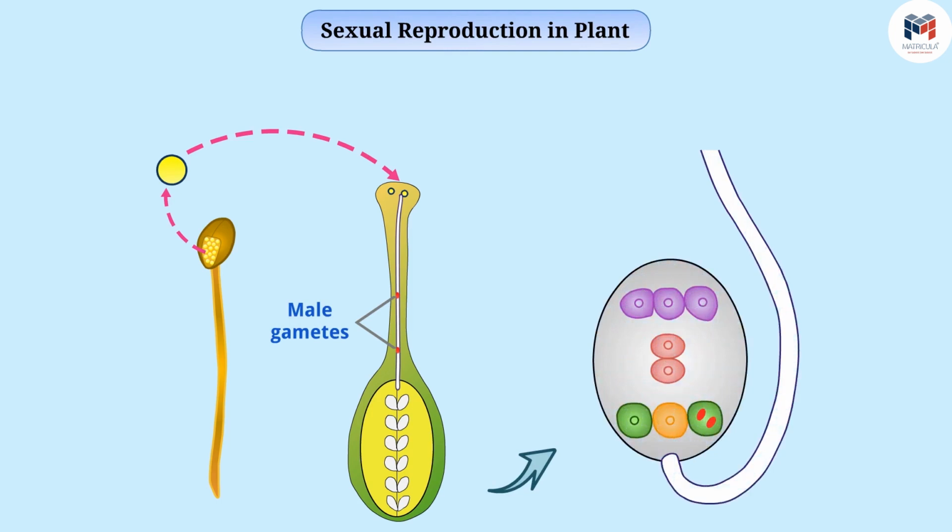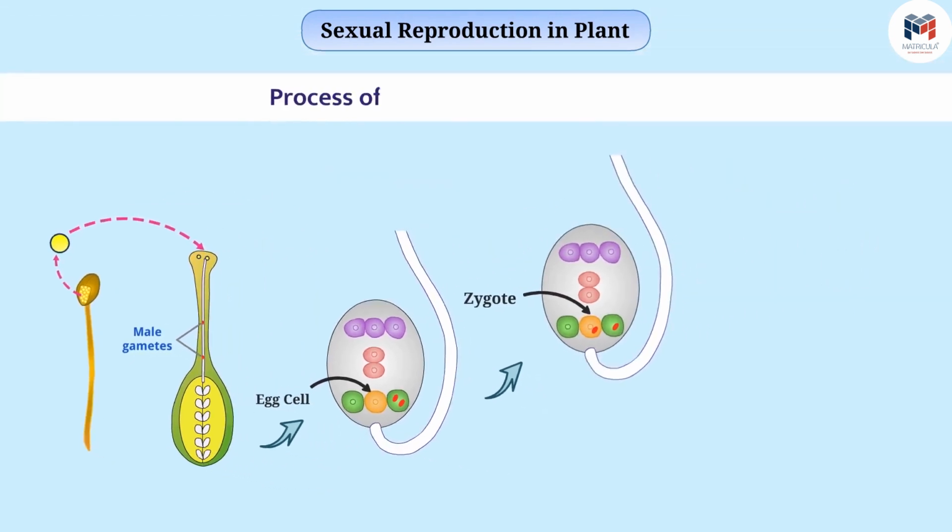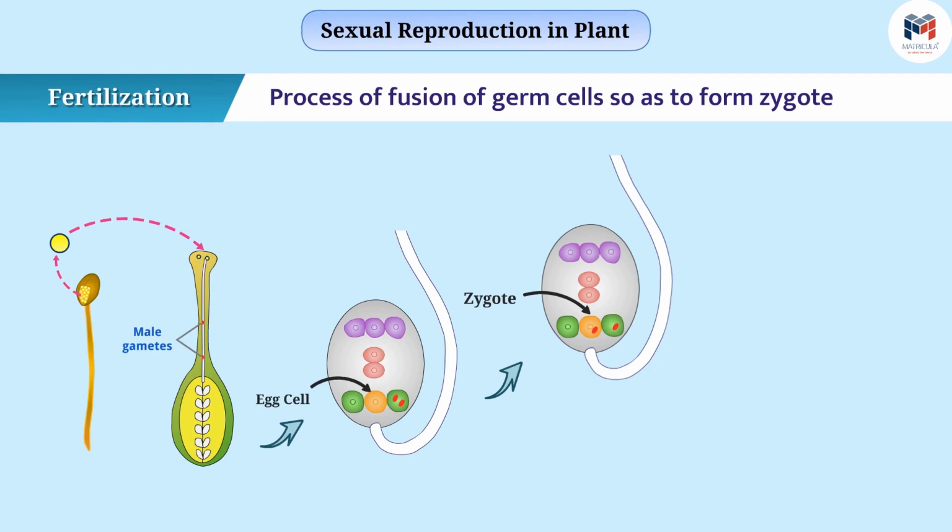The ovule consists of an embryo sac, that is, oval shaped with 8 cells, and one of its cell is the egg cell or female gamete. A male gamete released from the pollen tube fuses with the female gamete to produce a zygote. The process of fusion of germ cells so as to form zygote is called fertilization.